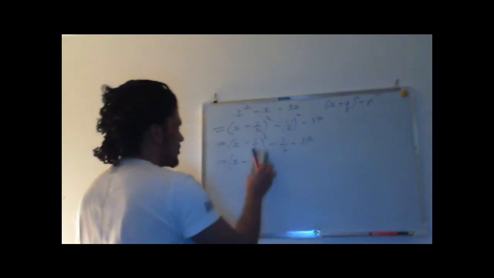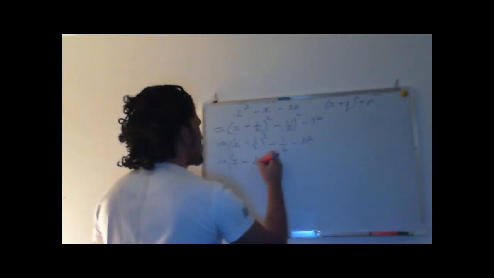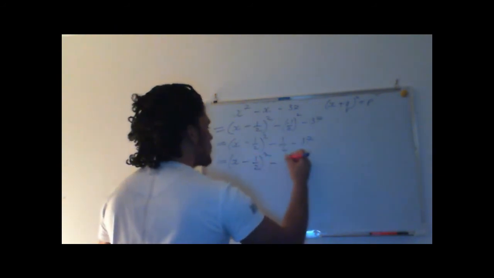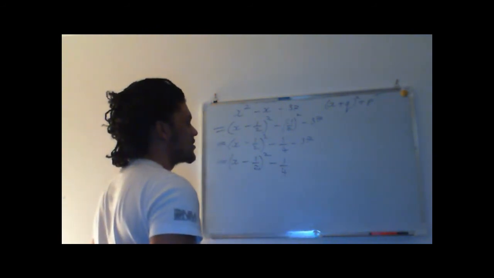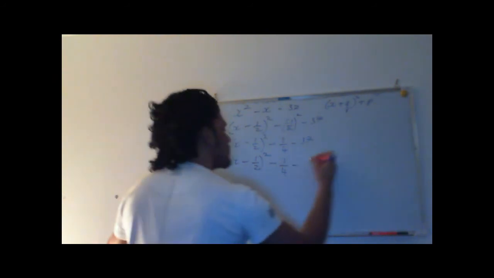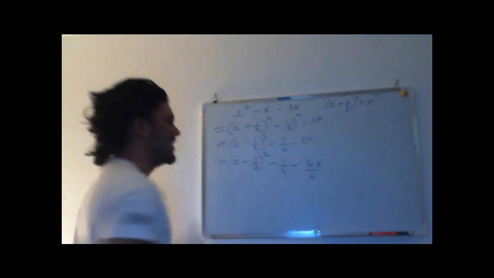So we have x minus 1 over 2 squared minus 1 over 4 minus 37 times 4 is 148. So minus 148 over 4.